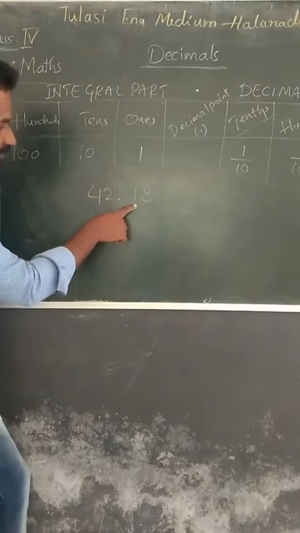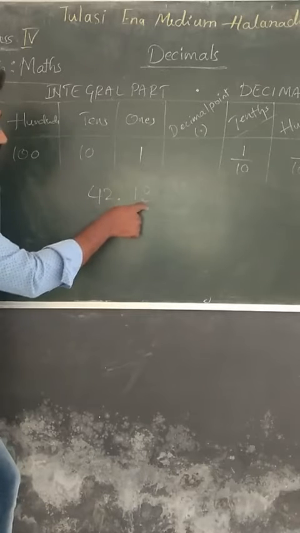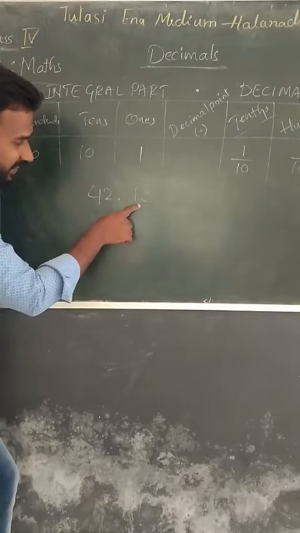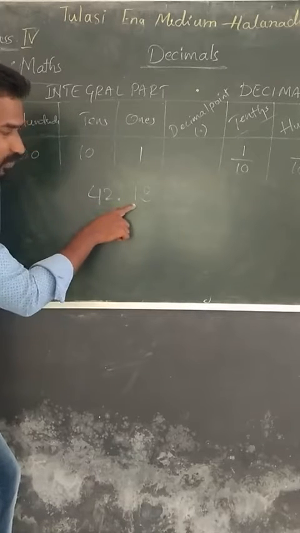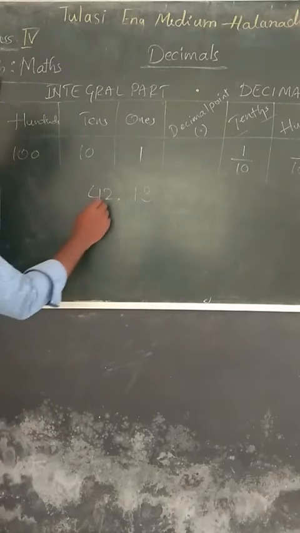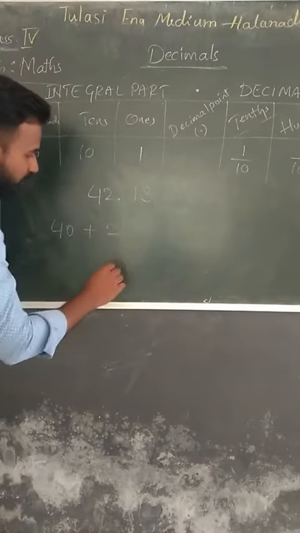But after the decimal point, you have to read the number digit-wise. 42.13 read as forty-two point thirteen is wrong.